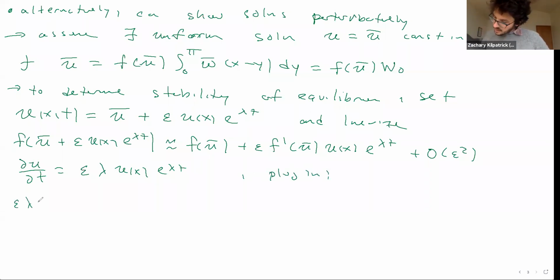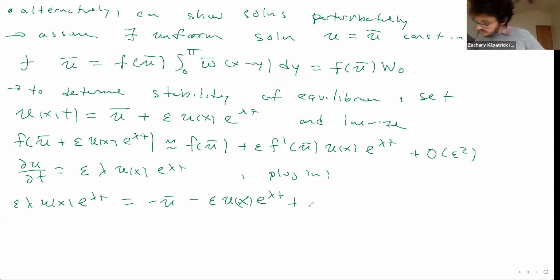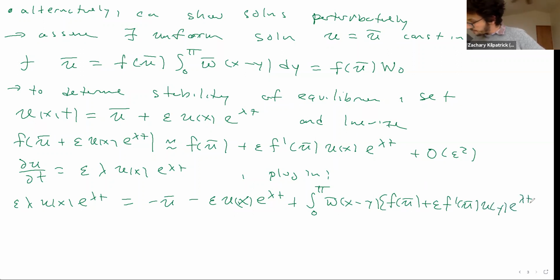And so if we plug this all in, what we get is epsilon lambda U of x e to the lambda t equals minus U bar minus epsilon U of x, okay, e to the lambda t plus the integral from 0 to pi of W bar of x minus y times f of U bar plus epsilon f prime of U bar U of y e to the lambda t dy, and then plus order epsilon squared stuff that we don't care about.